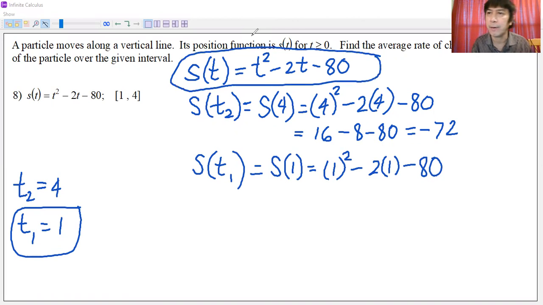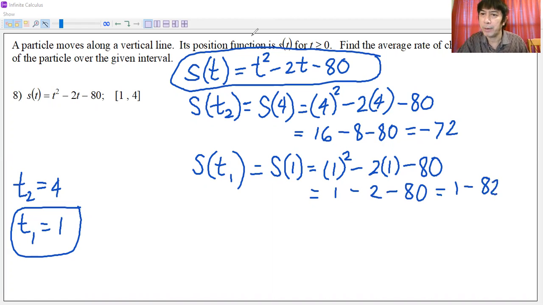So this is simplified to 1 minus 2 minus 80, which calculates to 1 minus 82. And this is negative 81. So we have the two values, negative 72 and negative 81. That's S of T2 and S of T1 respectively.